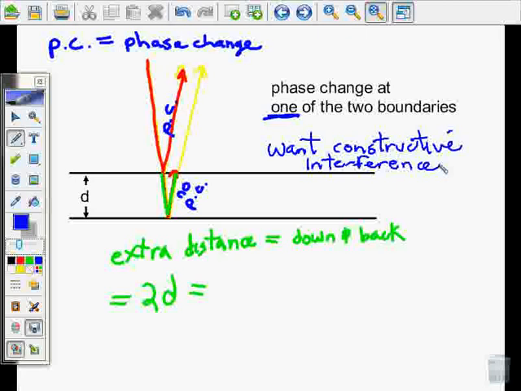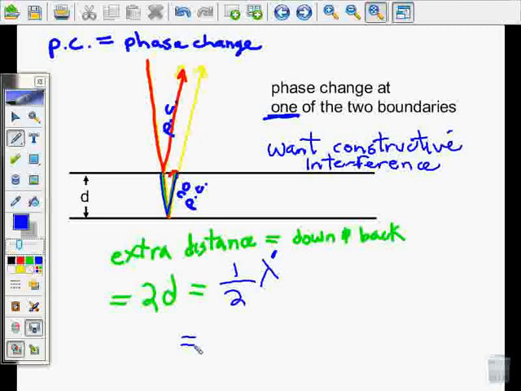You guys see that? The extra distance now, down and back, would have to equal a half of the wavelength. Or, what else could it be equal to for there to be constructive interference? Jeffrey?